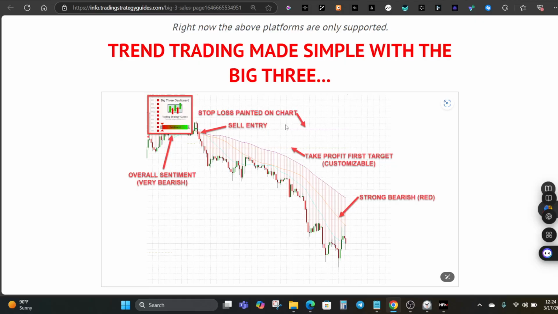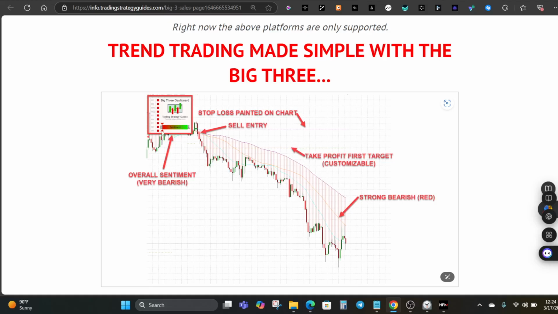So you can decide to use the stop loss level that is given to you by the indicator. Okay. Then for your take profit, you will notice that the take profit is also identified by the indicator. You can see take profit first target. You can actually customize it though. Okay.